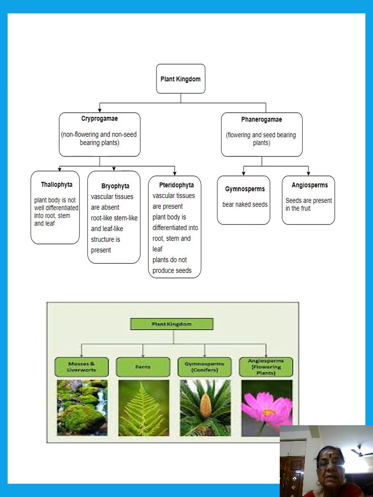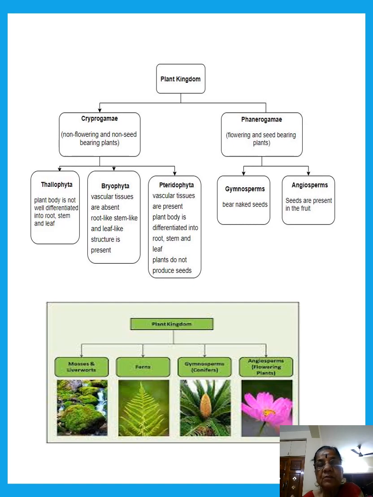Examples are mosses, Riccia and liverworts. Liverworts, for example Riccia, Marchantia. And Riccia has a dorsiventral thallus differentiated into dorsal side and ventral side.